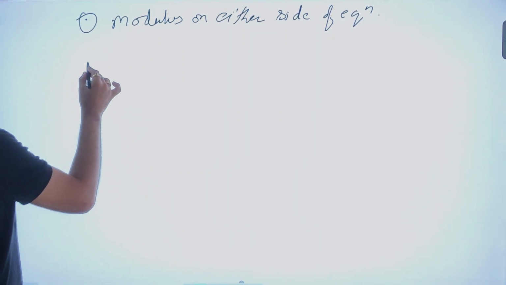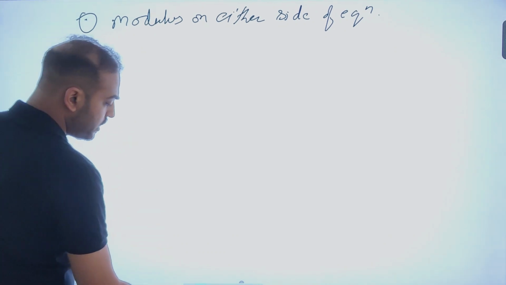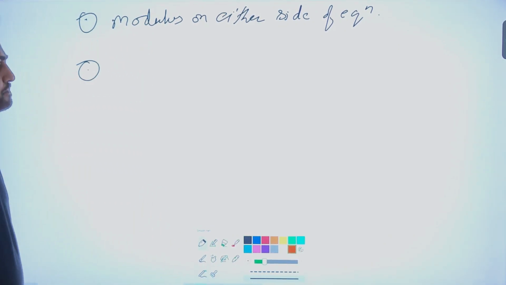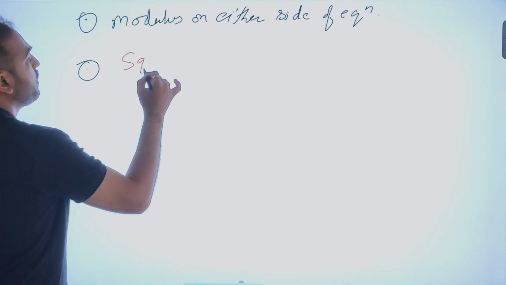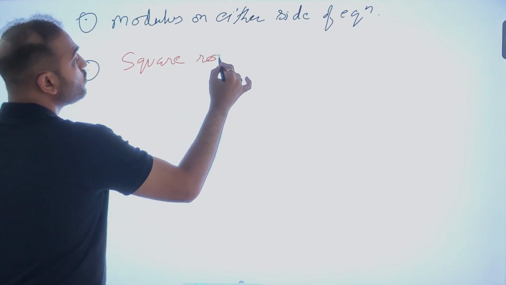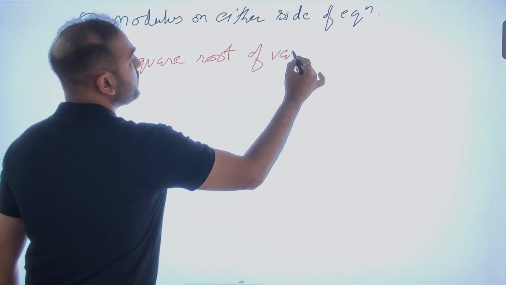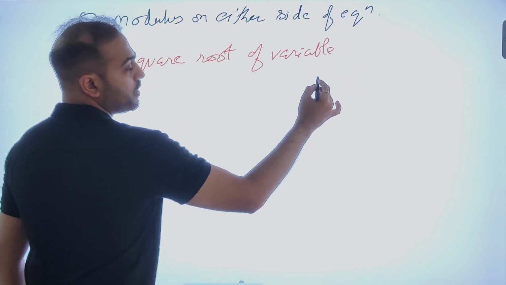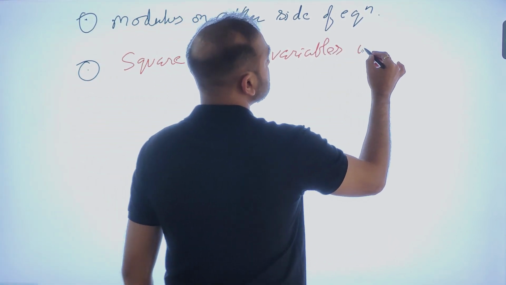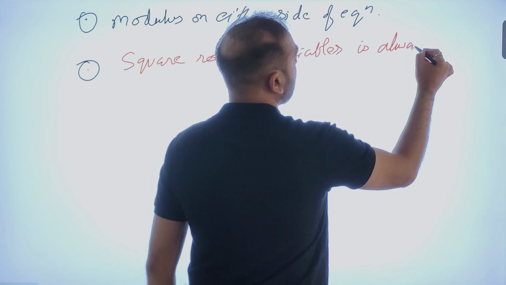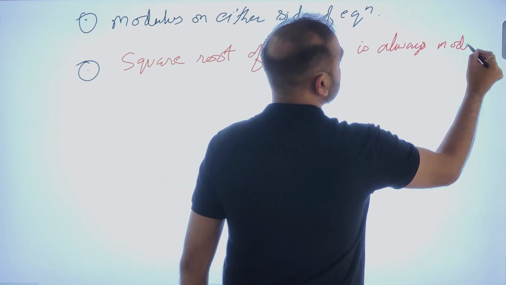Okay, now a super important takeaway. Square root of variables is always modulus. What does this mean? If you take a square root of x square, don't write this as x. This is modulus x. Square root of variables is always modulus.